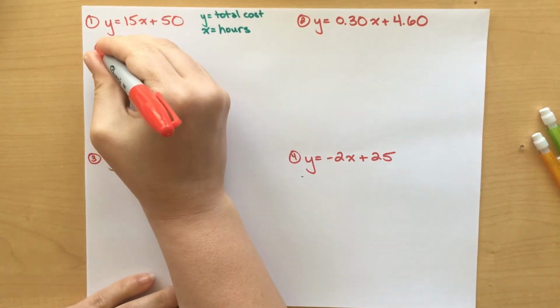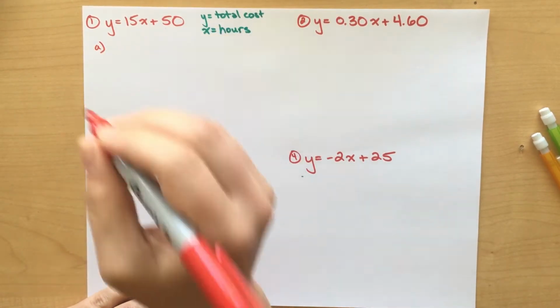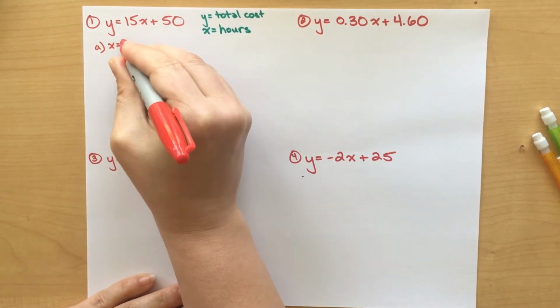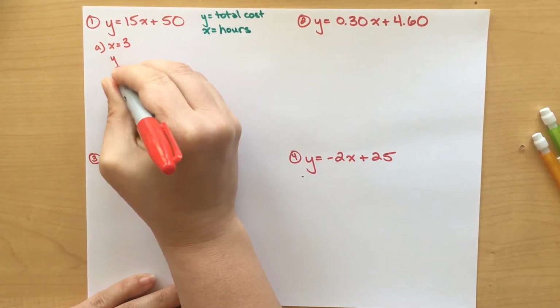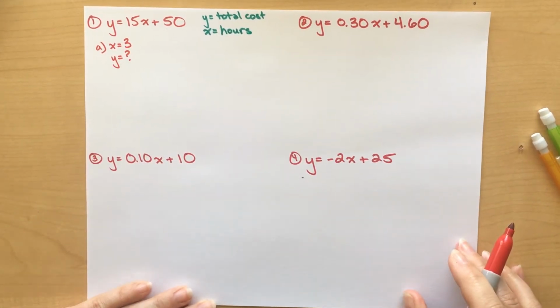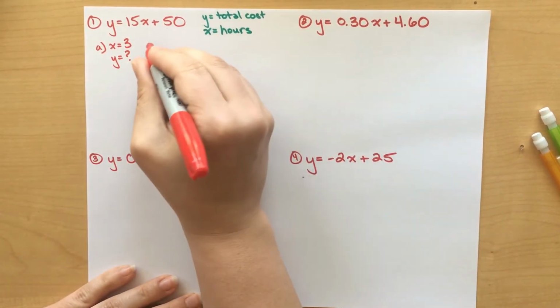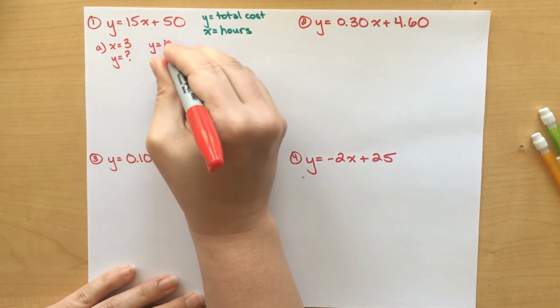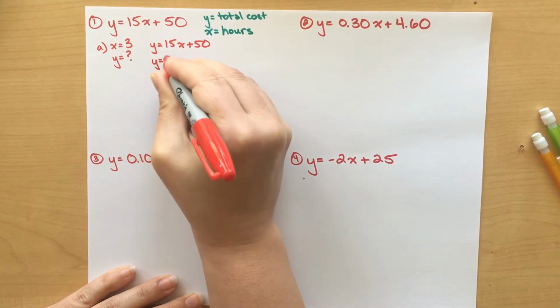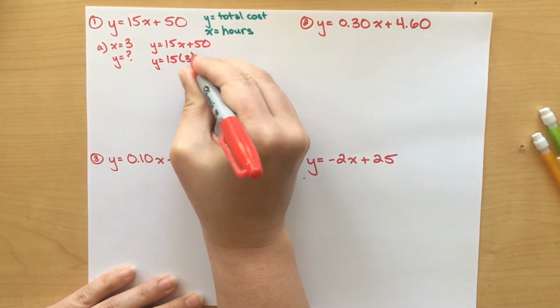So question A was asking how much it would cost for a 3-hour consultation. I know if x was the hours, x is going to be equal to 3, and what I'm looking for is that y. I don't know the y variable yet. So using that formula, y equals 15x plus 50, let's substitute in that x value of 3.